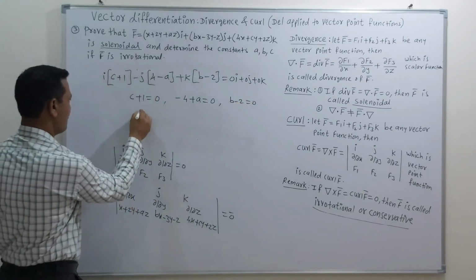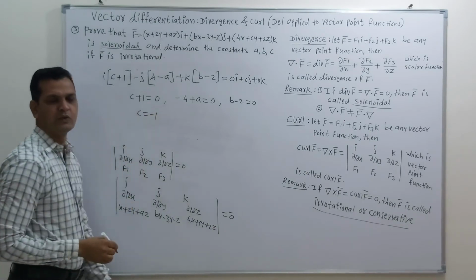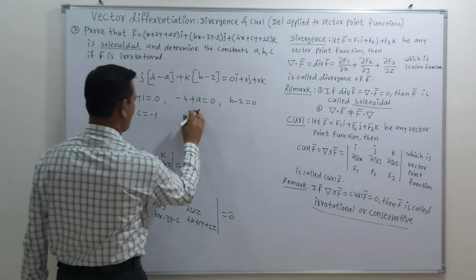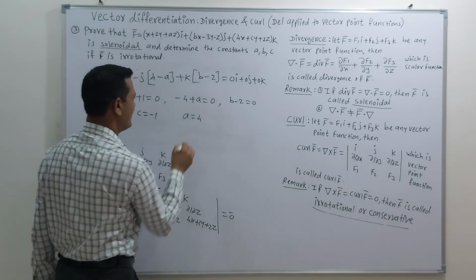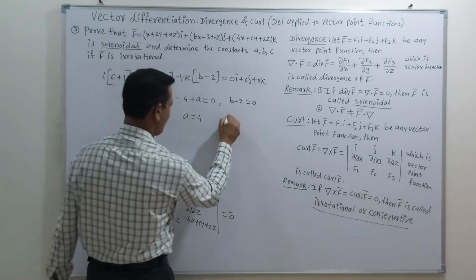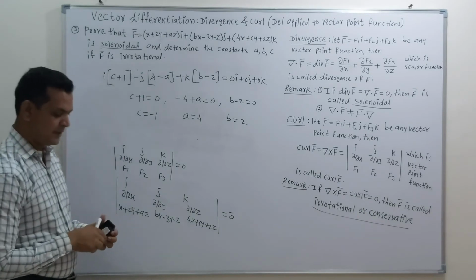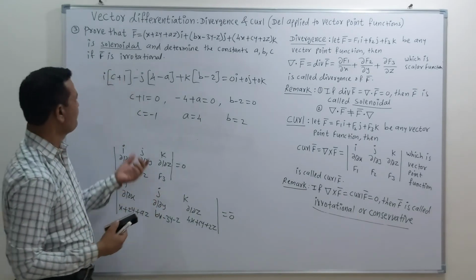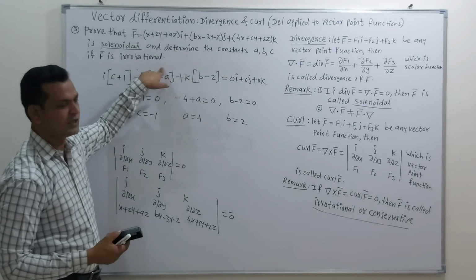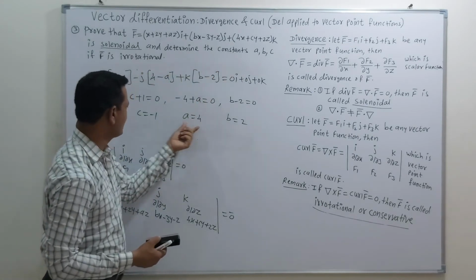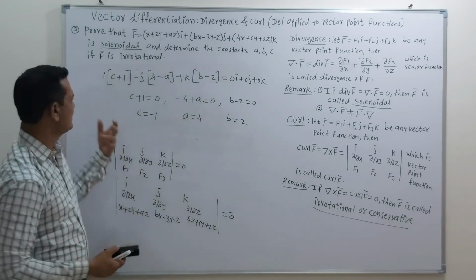So from these equations we directly get c is equal to -1, a is equal to 4, and b is equal to 2. In this way we can easily solve the example when the given vector field is irrotational. These are the values of constants a, b and c. So this is the third example.